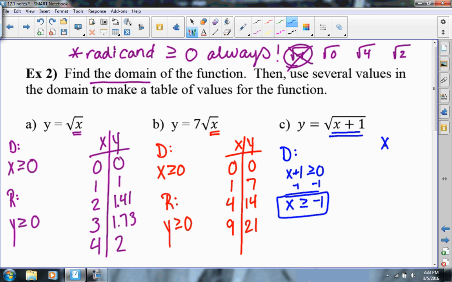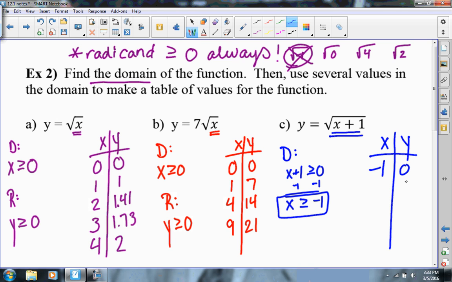So when I make my table of values, I want to start at negative 1. Now when I substitute negative 1 in there, negative 1 plus 1 gets me 0, and the square root of 0 is 0. So we have to be a little bit smarter here when we're picking our values.